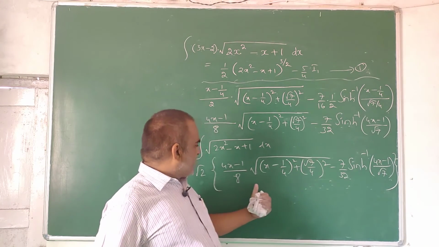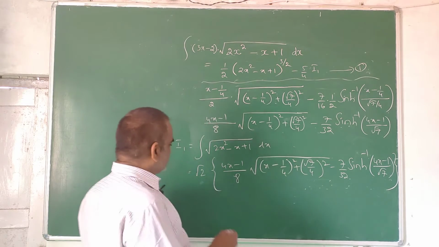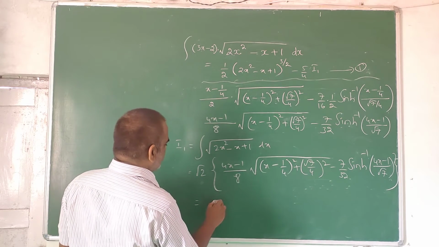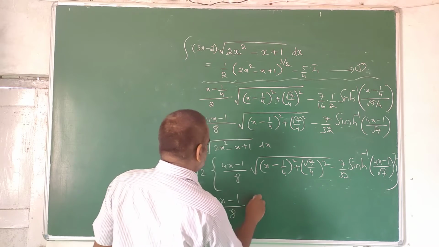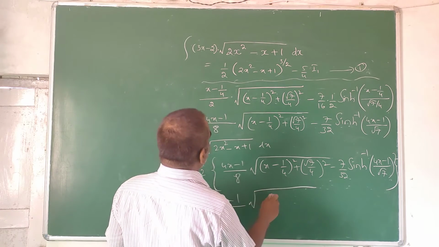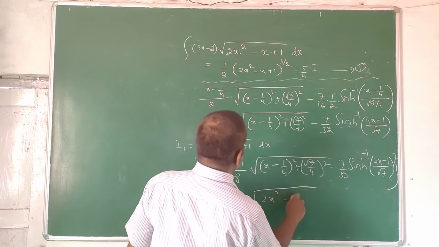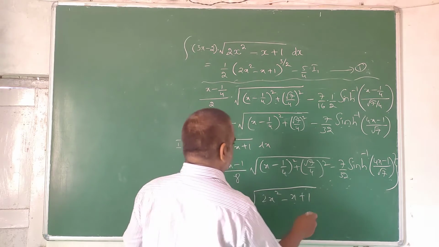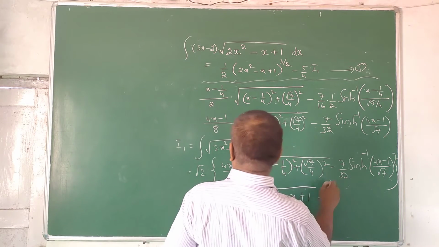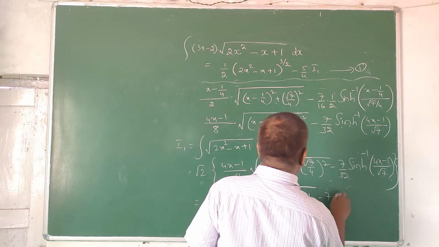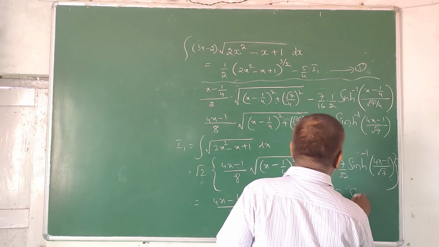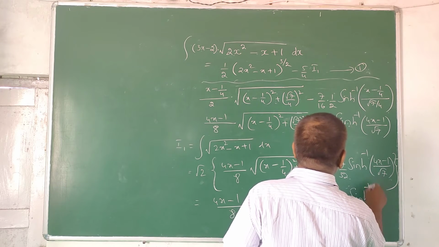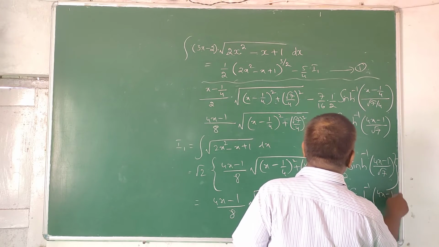So if you multiply this inside, then you get 4x minus 1 by 8 into, when root 2 is multiplied inside, again you get the same 2x square minus x plus 1. Now minus 7 root 2 by 32 into sinh inverse 4x minus 1 by root 7.